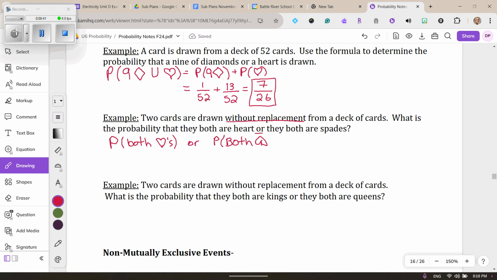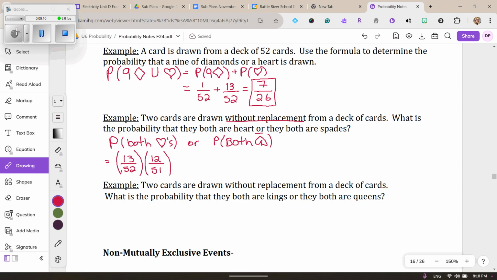So thinking back to the lesson yesterday, if I'm finding the probability that they're both hearts, I'm going to multiply those probabilities together. So the probability of one heart is 13 out of 52. Then I have taken a card out and I have not put it back. So I now only have 12 hearts out of 51 cards. So that's for the both hearts.